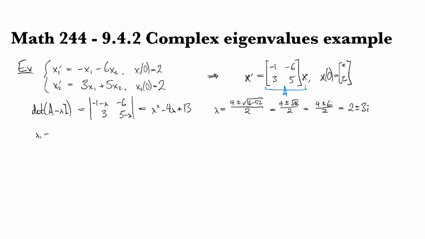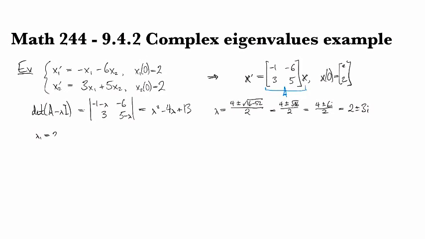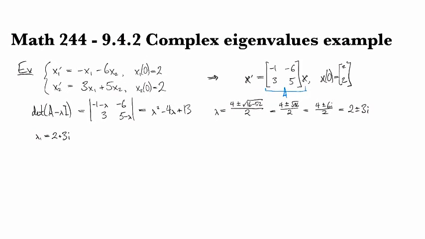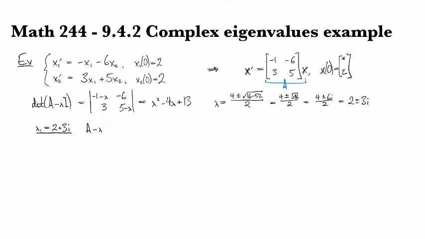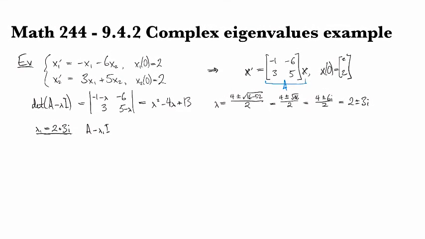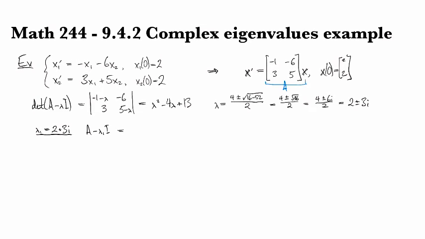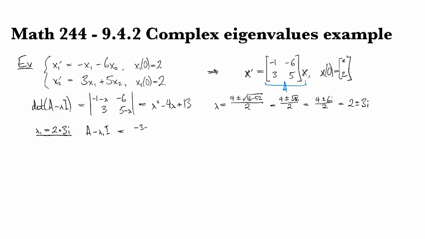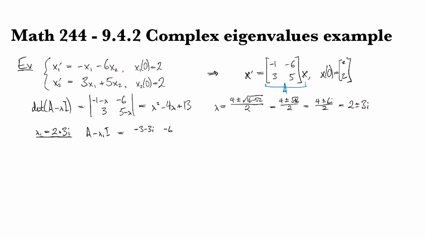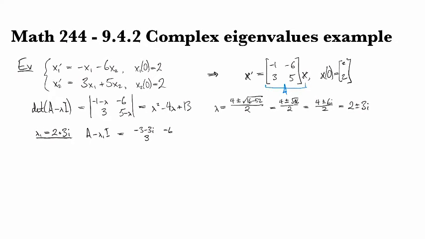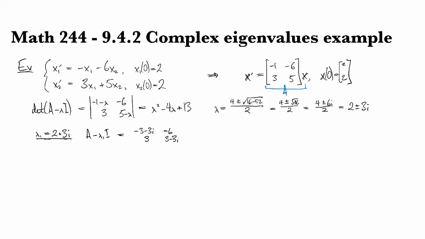Let's look at the first one. So for the first one, we'll take 2 plus 3i. And when we look at A minus lambda times I, we're going to get minus 3 minus 3i, and then minus 6, and then 3, and then 3 minus 3i.